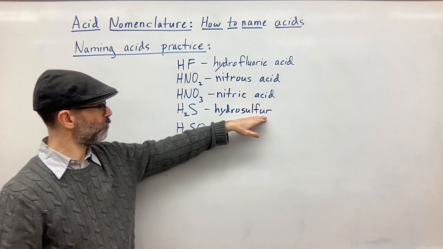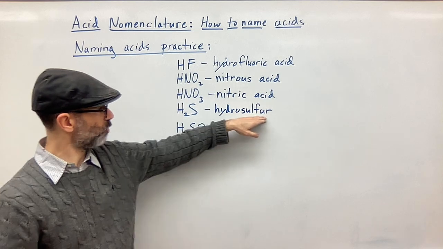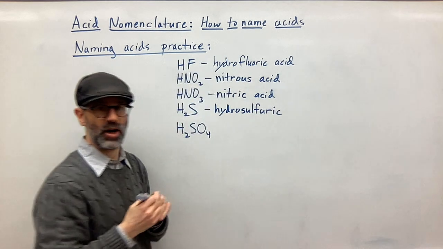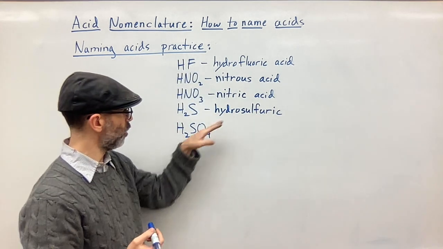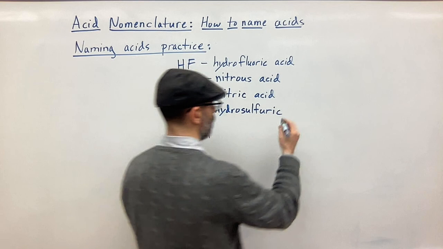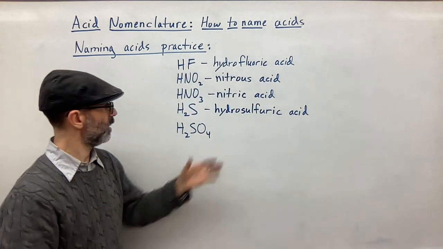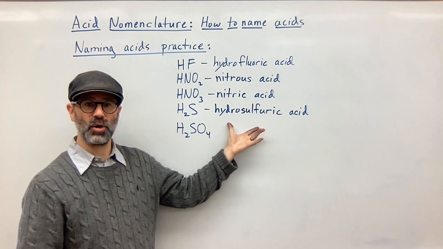So not sulfic, but sulfur, and then you add the IC. So this is one of those weird ones you got to remember. So this is hydrosulfuric acid. And so that's the name of this one.